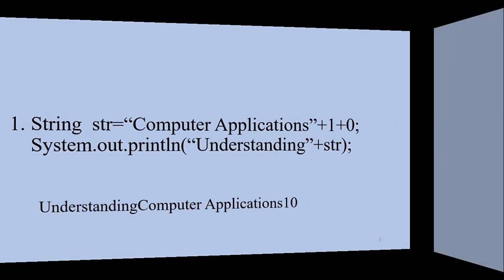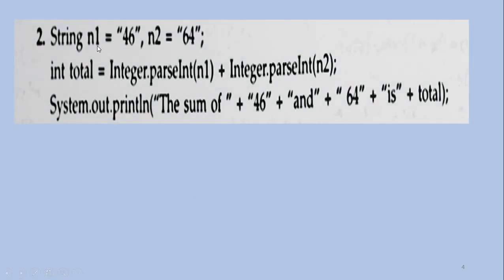Okay. We go to the second question. Your second question says like this. There are two strings, n1 with the value 46. This is a string, so this cannot be added, subtracted, nothing can be done. This is a string, and n2 is 64. So both are strings because they are in double quotes.